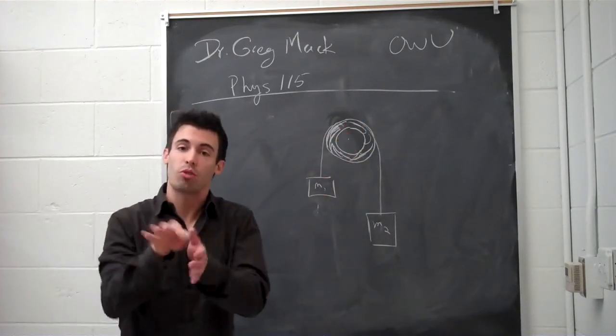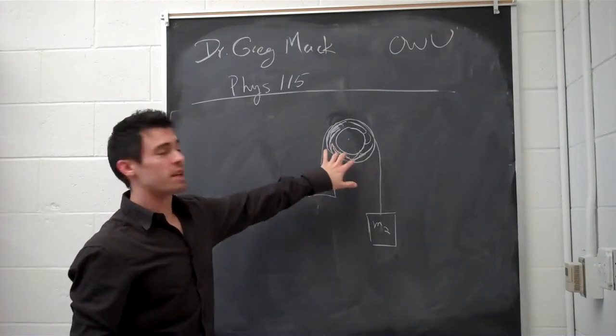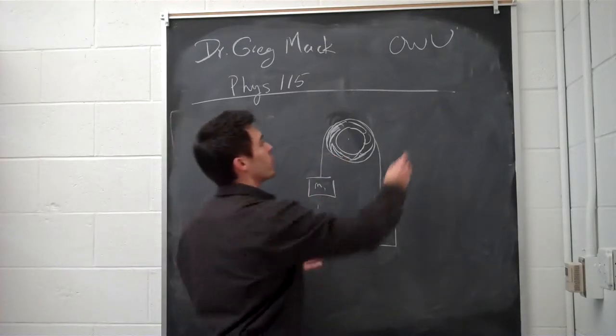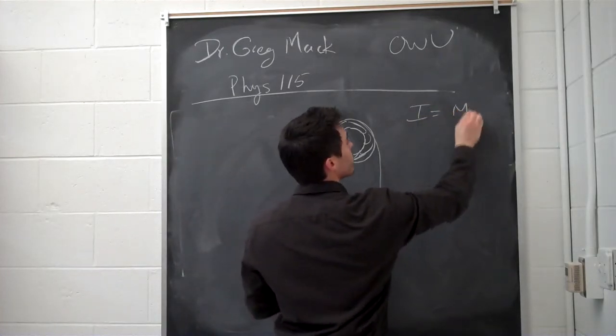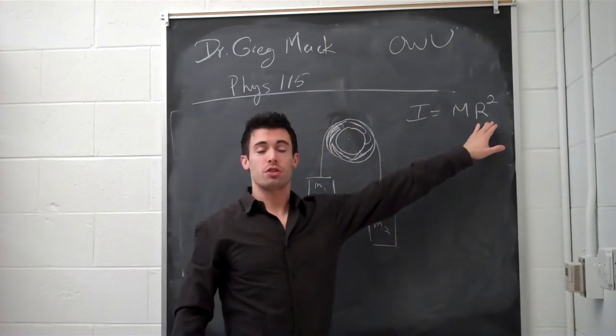So it's positioned on some rod that therefore will let it turn. This has a different moment of inertia than a solid disc would. So this moment of inertia is equal to its mass times its radius squared.